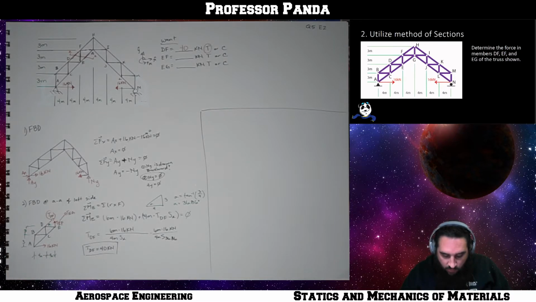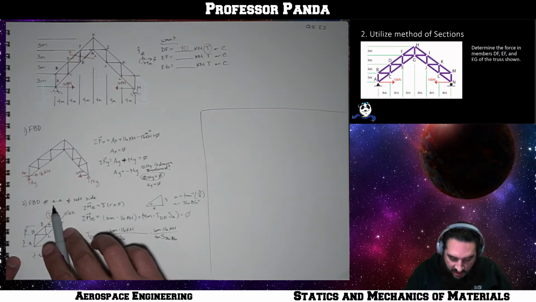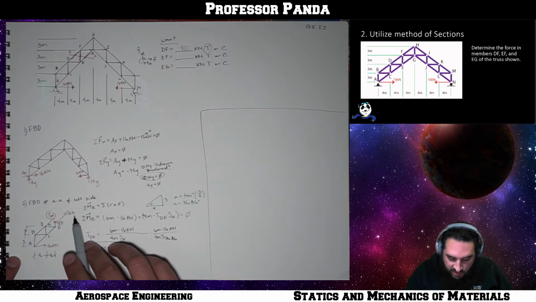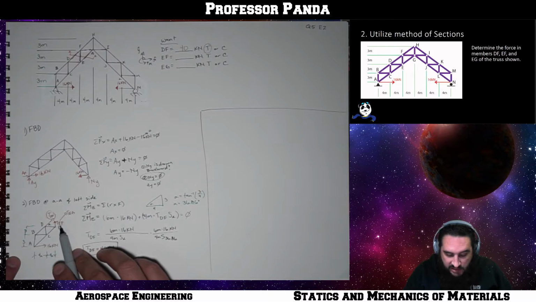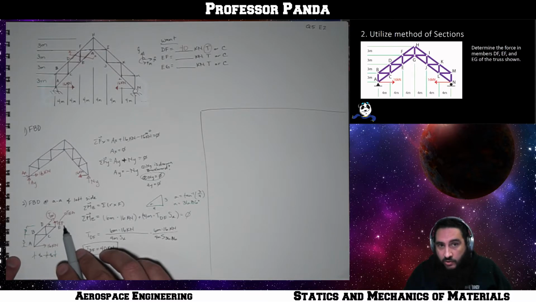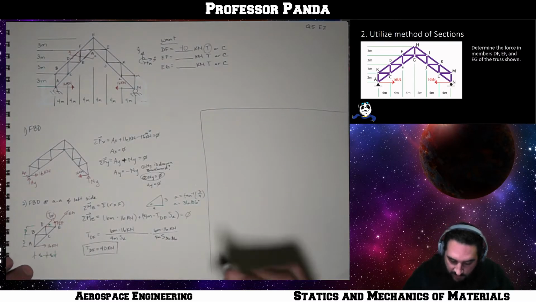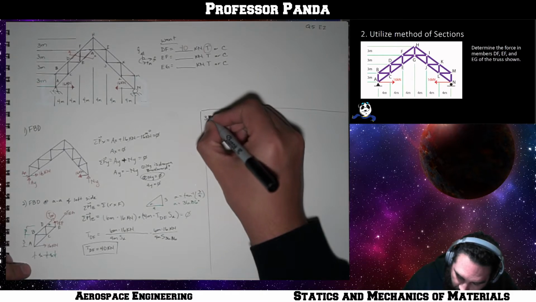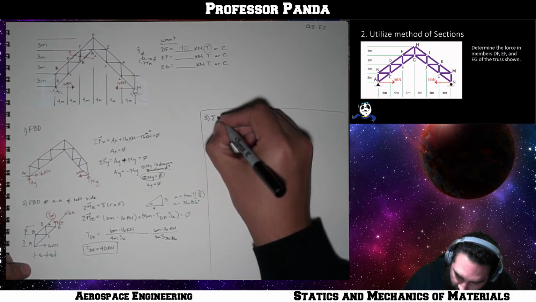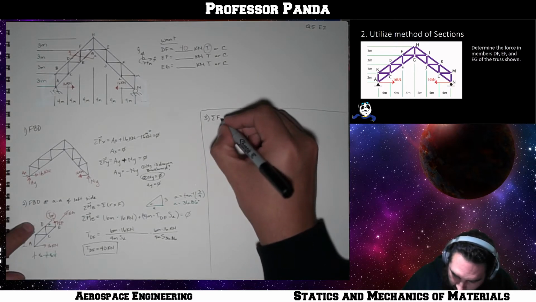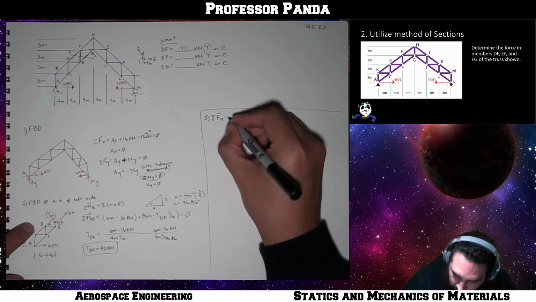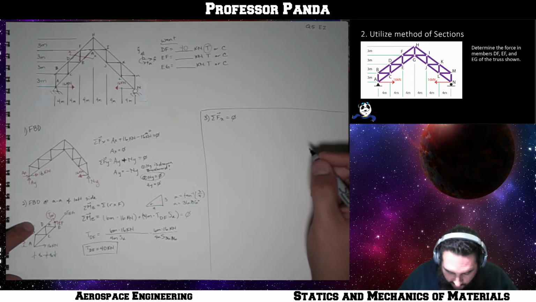So we can use the sum of the force in the X direction on section AA to get TEG directly. Since TEF does not participate in a horizontal forces calculation, we should be able to pop out TEG directly. Let's do that. Sum of the forces in the X direction equal to 0.